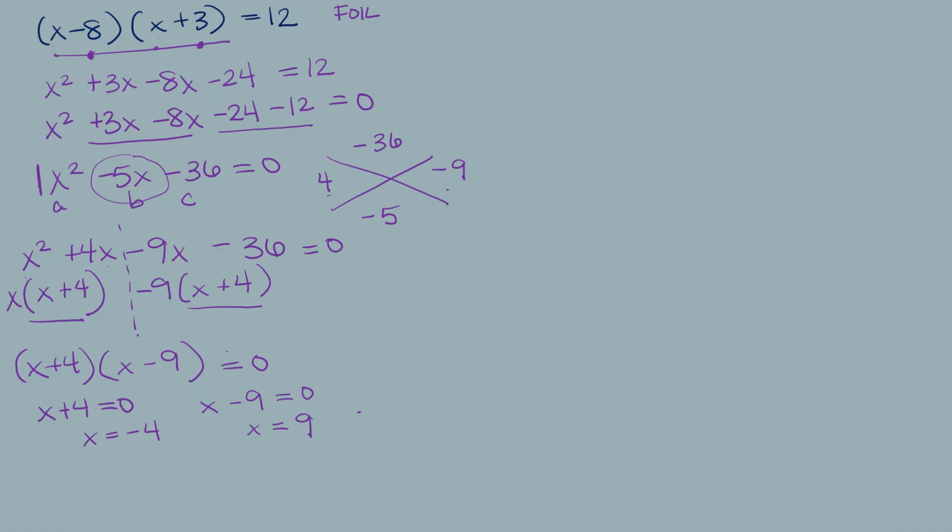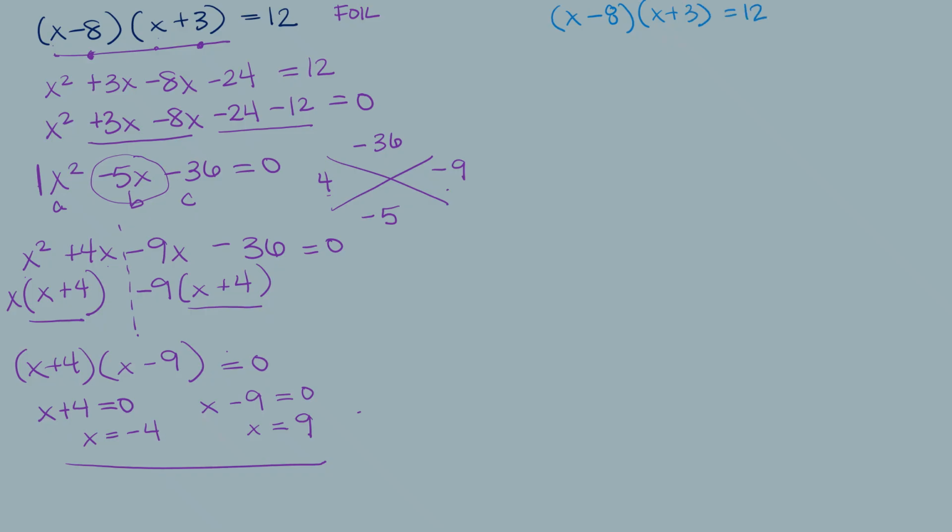And then these are our possible solutions that we want to check. What color do I want to do? Let's start blue, I guess. And again, we're just going to plug this back into the original equation, where it's equal to 12 instead.